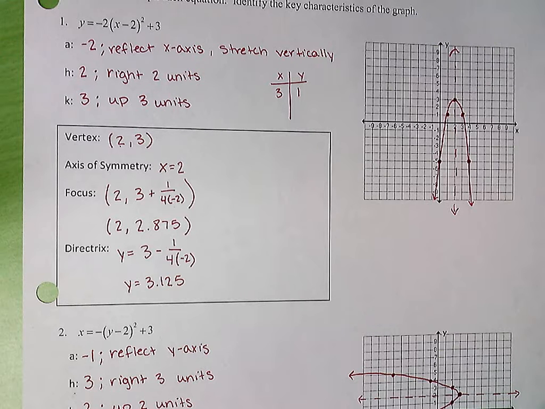Then I know you take the vertex, H and K, and go from there. You go right one, up one, and plot that one. To plot the next one, you will go right one, up three, and plot that one. Then right one, up five.